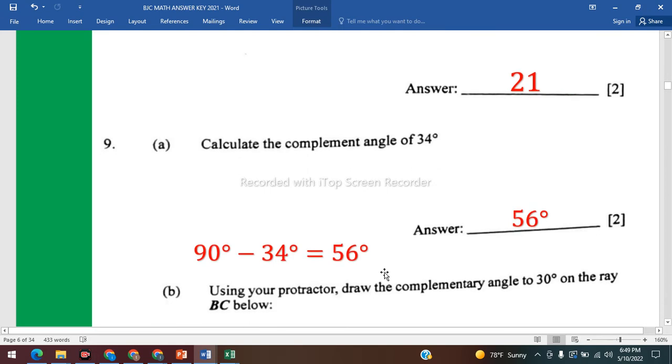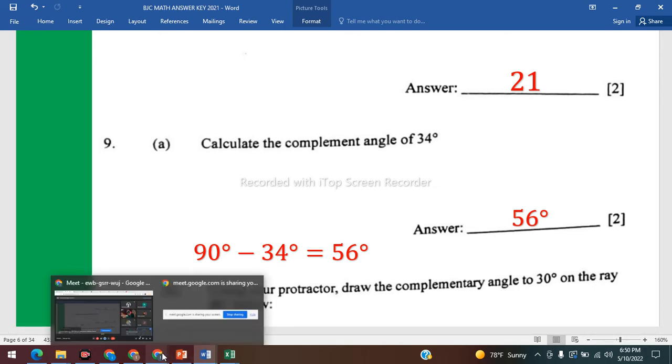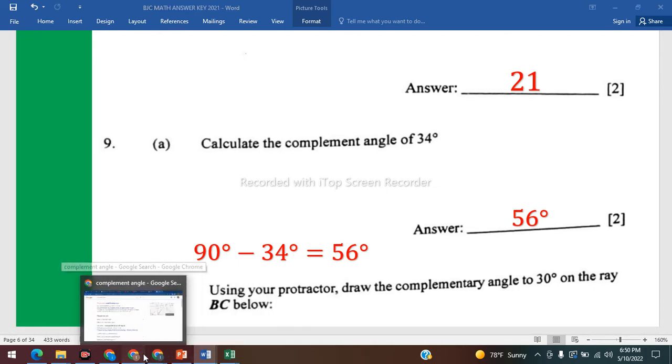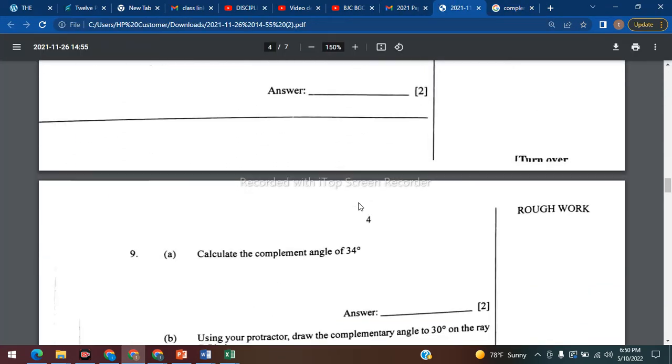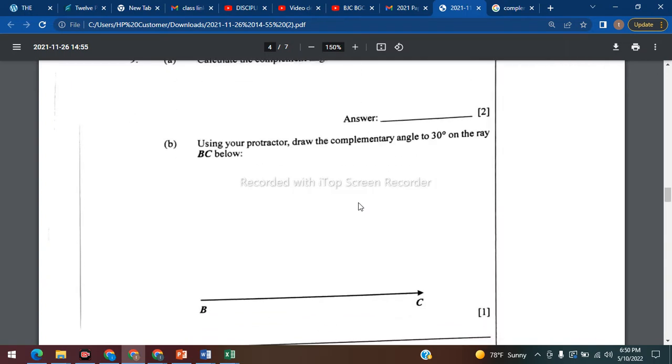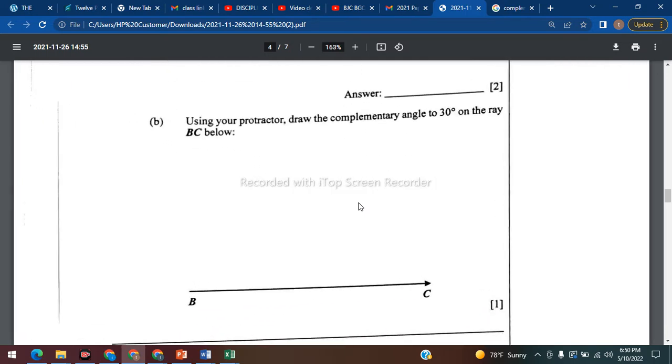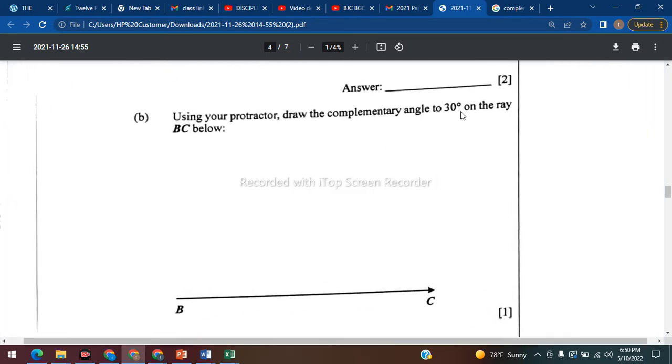Now they said, use your protractor to draw the complementary angle to 30 on the ray BC below. So what is the angle that we should draw on BC?